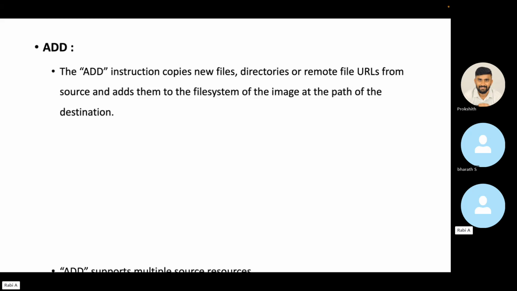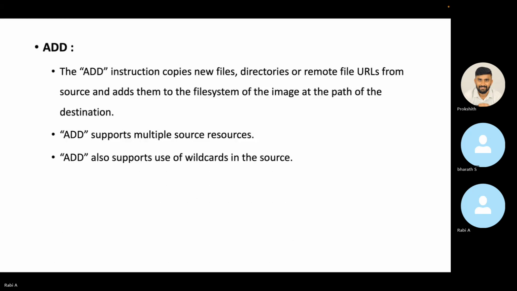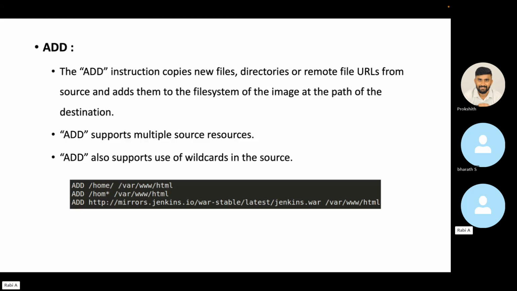So basically copying the files to the container. ADD supports multiple source resources. ADD also supports use of wildcards in the source. So something like this. You give ADD your source and then the destination. The destination would be on your container, the path where you want to copy the files on your container machine.